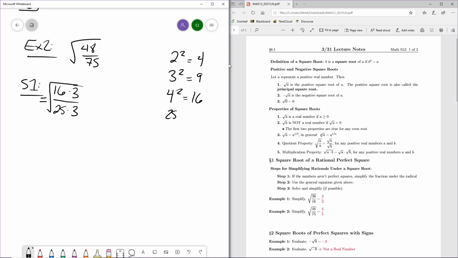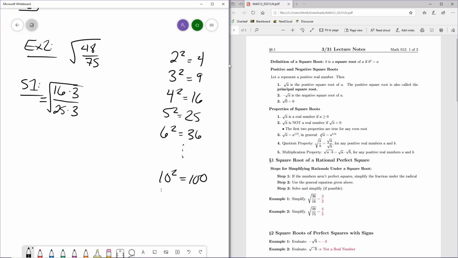Oops, went ahead of myself. 5 squared is 25. 6 squared is 36. I would suggest going all the way until at least 10 squared. And then if necessary, do 11 squared, 12 squared. But in this example, I don't need to go any higher.